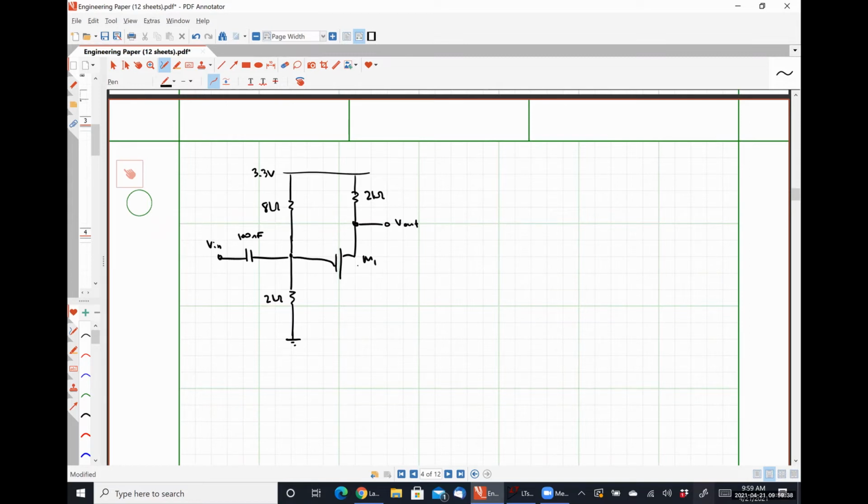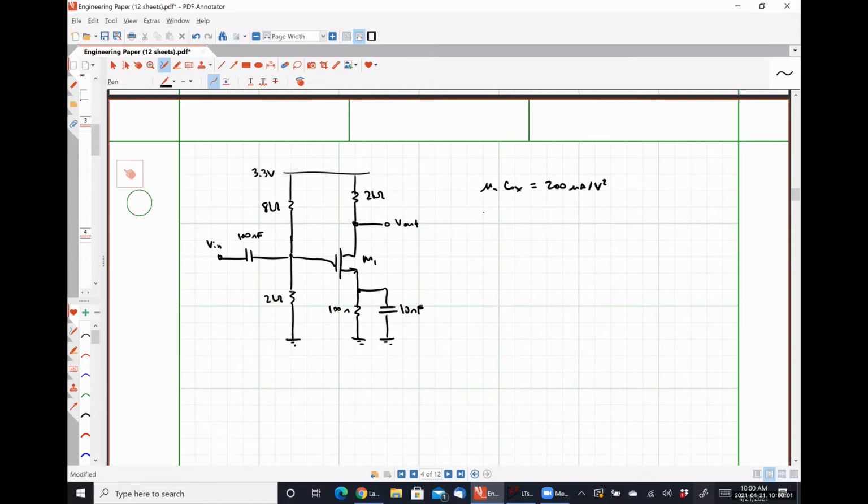Here's our transistor M1. 100 ohms here. 10 nanofarad here. We know that mu n C ox is 200 microamps per volt squared.